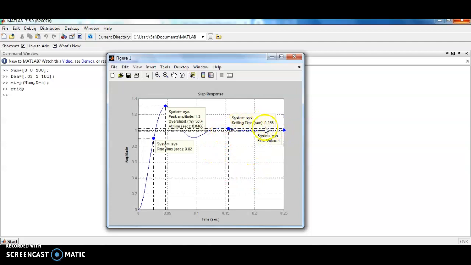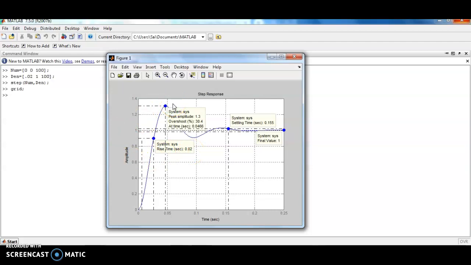Settling time is 0.15 s, peak response is 1.3, peak overshoot percentage is 30%, and rise time is 0.02 second.